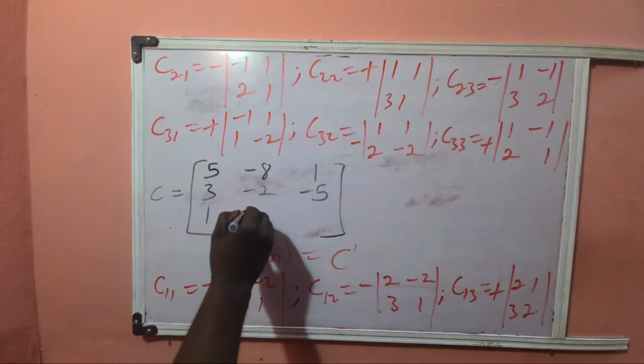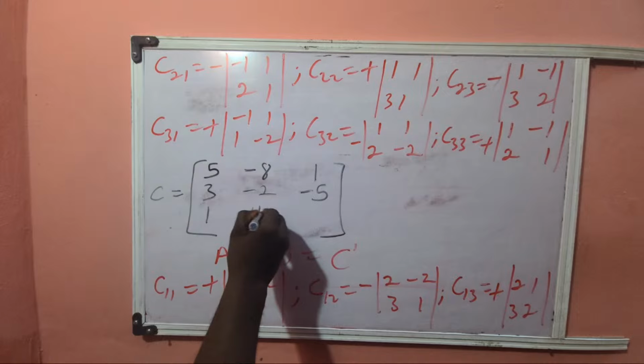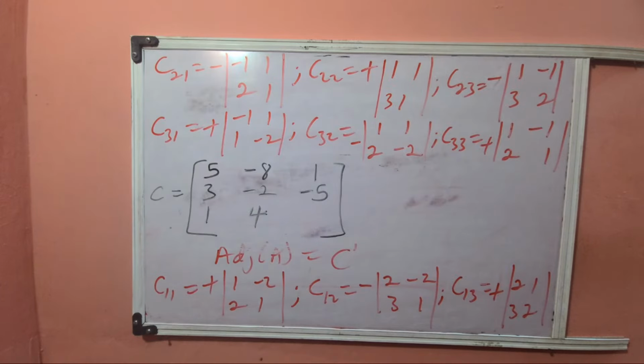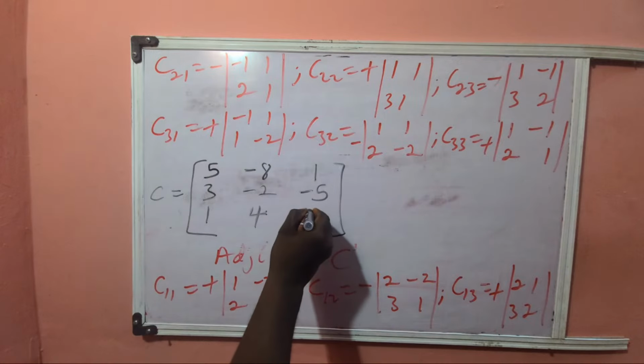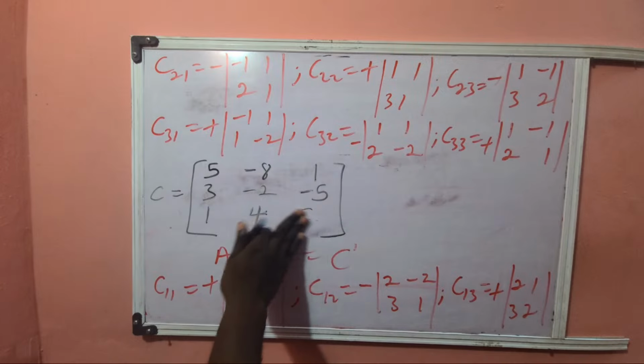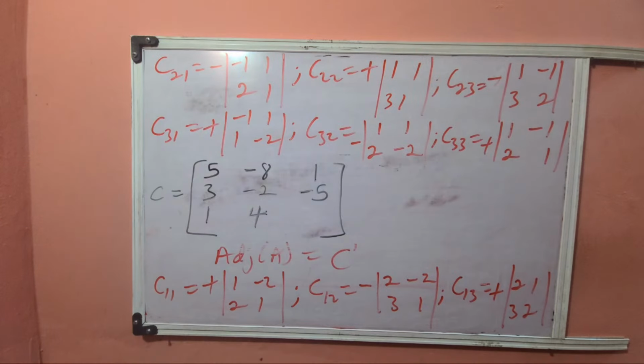Times minus, we have 4. And then for the last one there, we have 1 minus 2, that will be 3. So please, I hope you are all solving, because there is always a possibility for mistakes in questions like this. Can you all confirm that everything written here is correct?